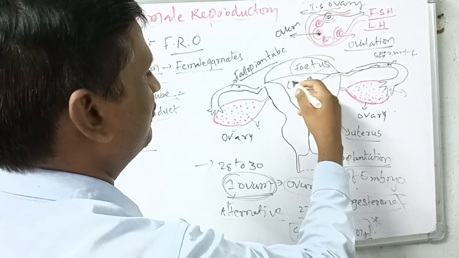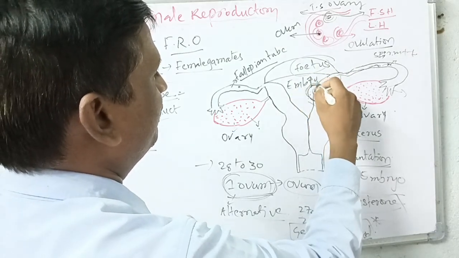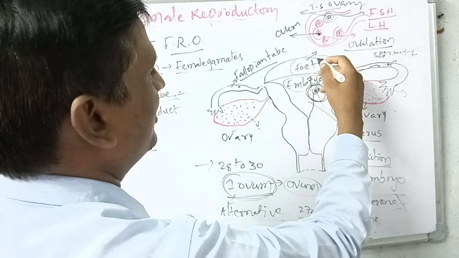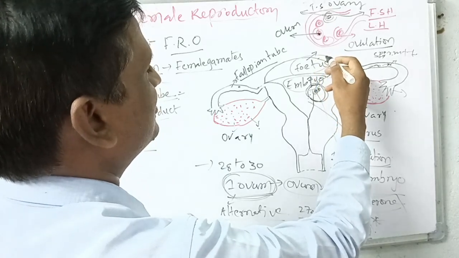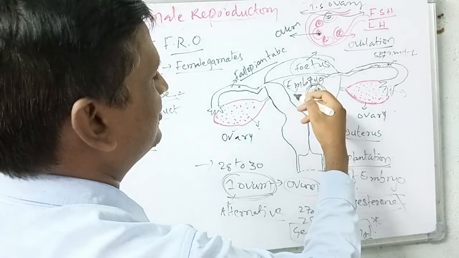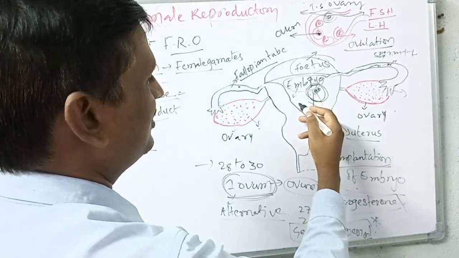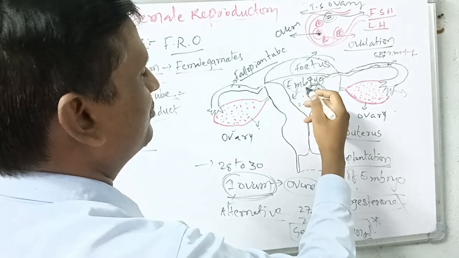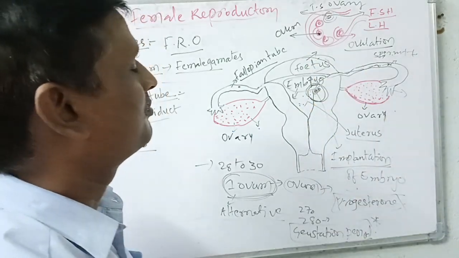So embryo and fetus are different. A fully developed embryo is called a fetus. In the fetus, the hands, legs, head, everything is developed. But in the embryo condition, only cells, tissues, and organ systems are going to be developed. This is the major difference between the embryo and the fetus.